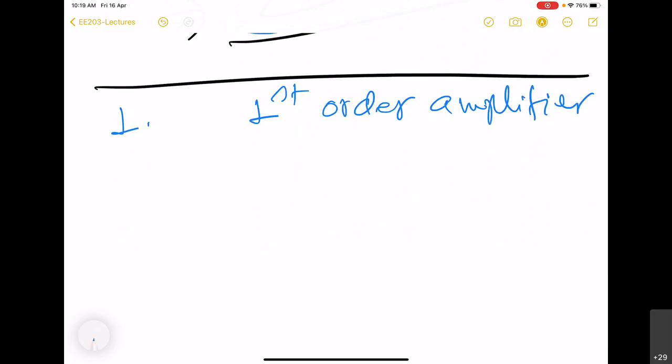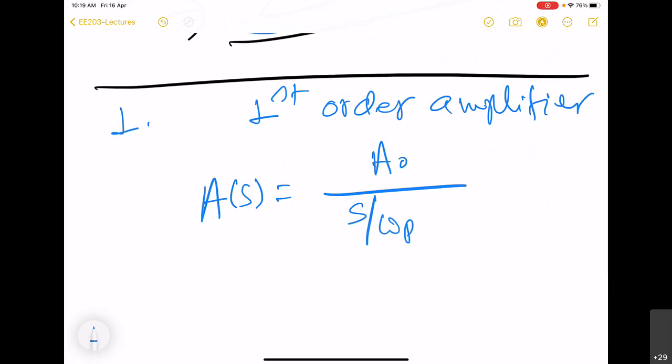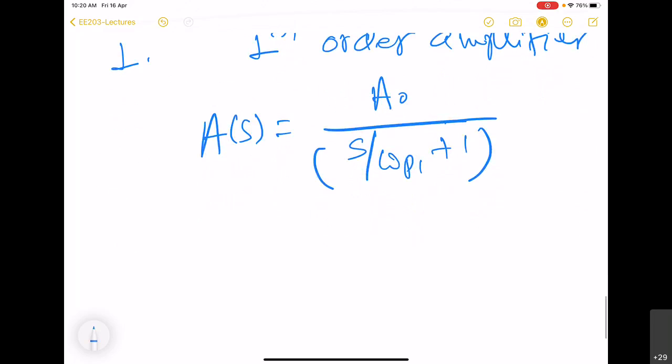So here we are going to take the transfer function A(s) like this, A0 divided by, so this is a first order amplifier, and this will be put into negative feedback. So we want to know whether it will ever be unstable or not.